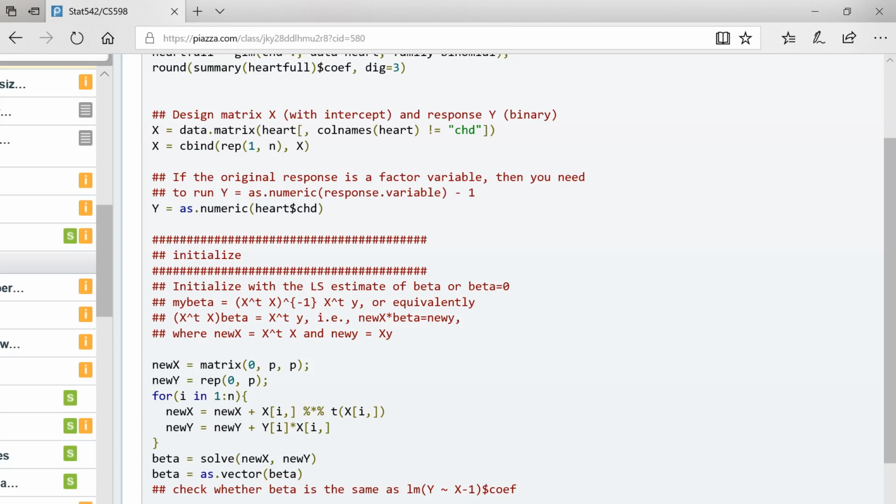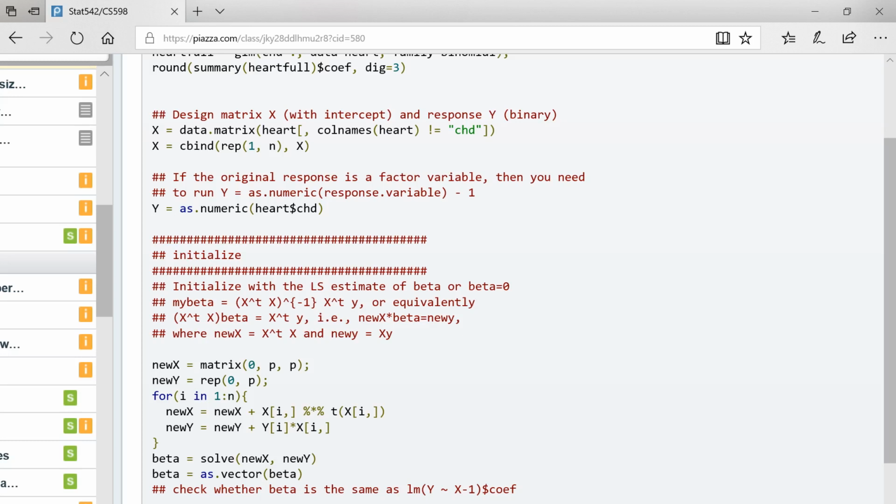Just sum them together and they will give you X transpose X. Here I write everything because I still have my X in memory, but if the original X is very large, you don't need to load the whole X into memory. In your loop, you can just read the ith row from your file, or maybe 10 rows, and do this calculation. You don't need to store the whole X in memory. Similarly, you can get your X transpose Y, which is a p-dimensional vector. Again, this can be done without loading the whole data matrix into memory.